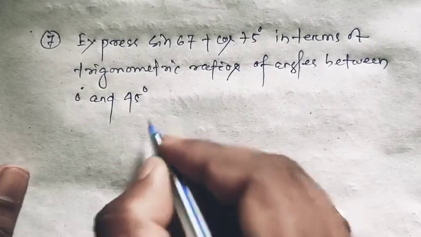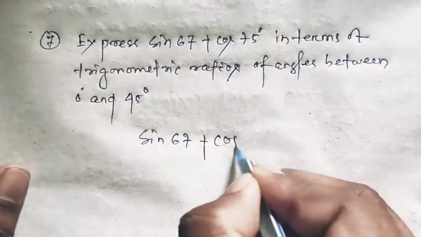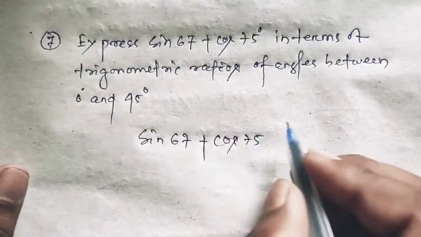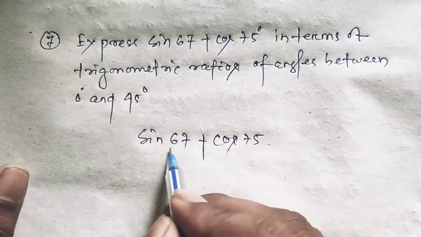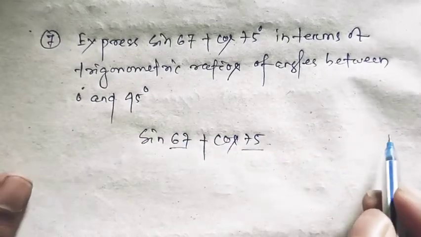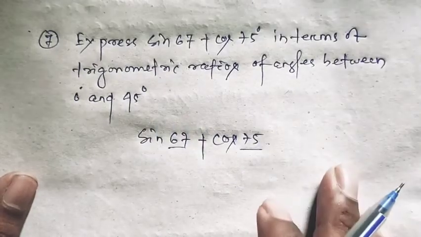What is given? Given that sine 67 plus cos 75, this is given, and we have to convert it in terms of angles which are less than 45 and greater than 0 degrees.